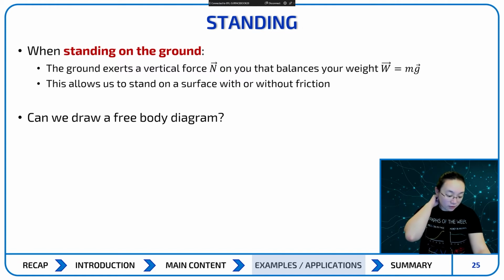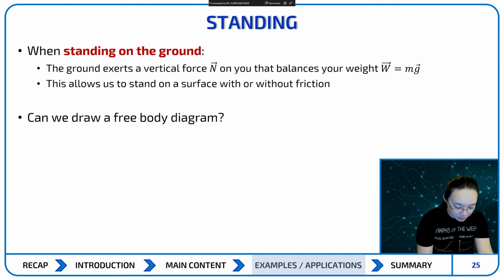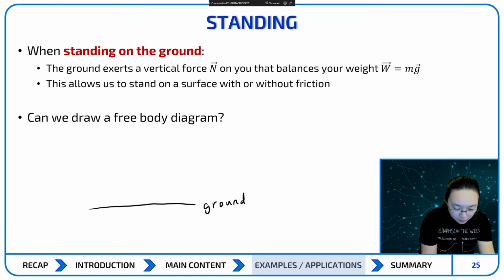So if I'm standing on the ground, can I draw a free body diagram? I definitely can. I have my ground. Let's make it a little bit higher. I don't want to draw my whole body. I want to draw just the leg and a foot.